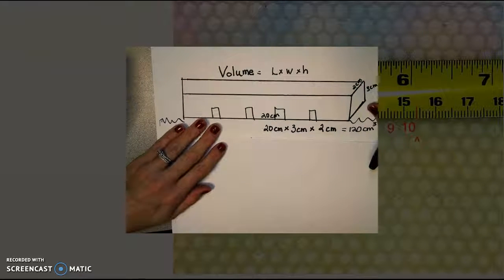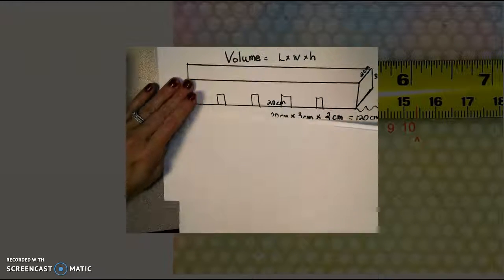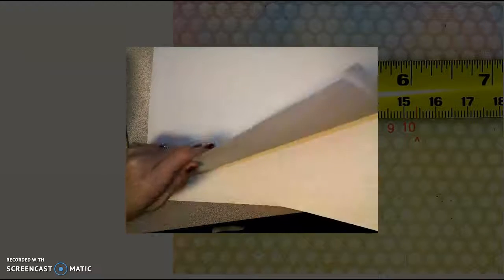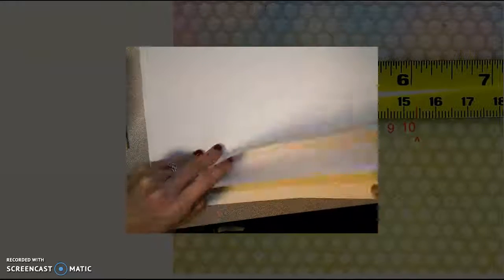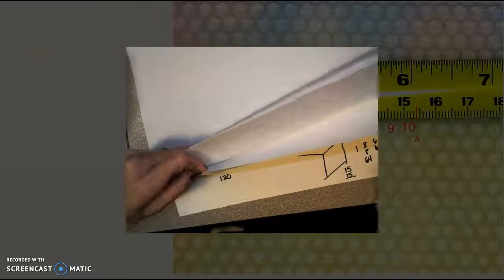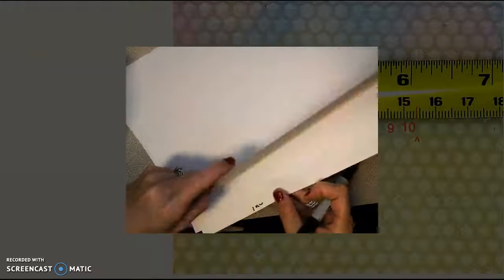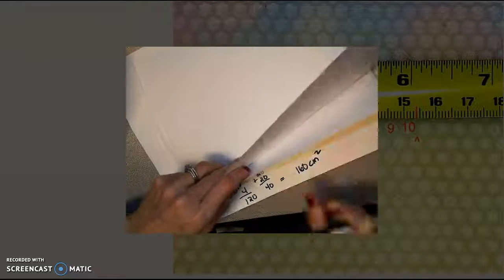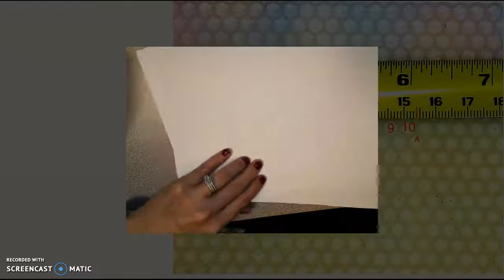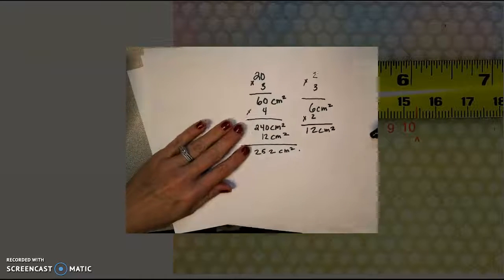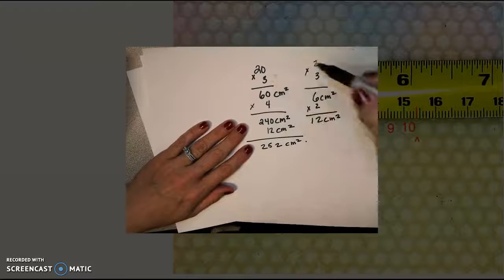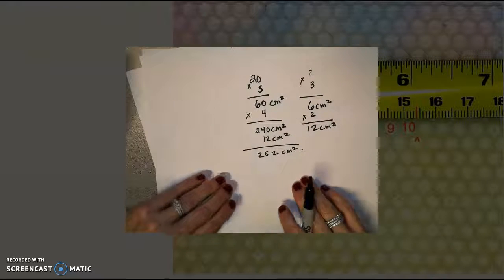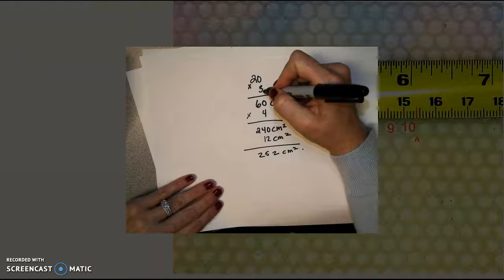So when I look at the surface area of my long, flat building, it comes up to, and I have some calculations here, we have a 20 by 3, remember?